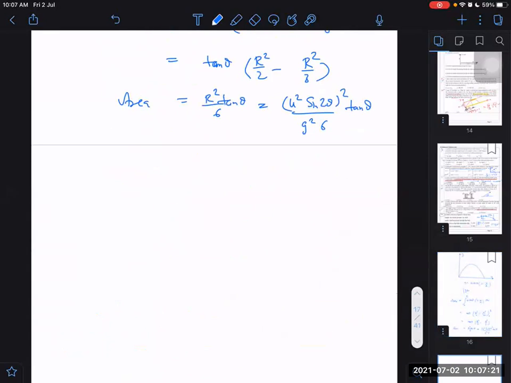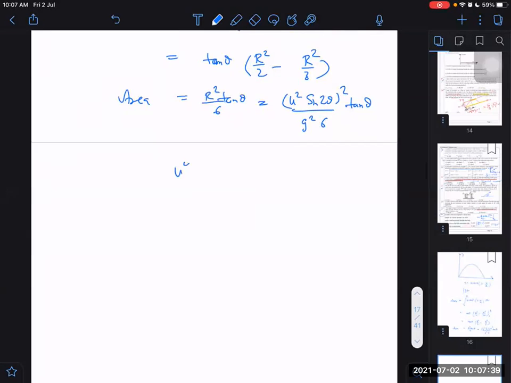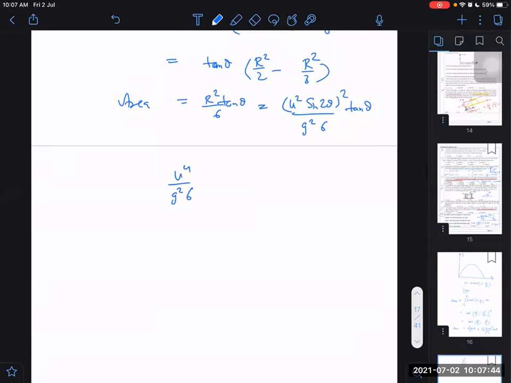Can you find the condition? Derivative with respect to theta should be 0. U raised to power 4 upon g square into 6 into 4.